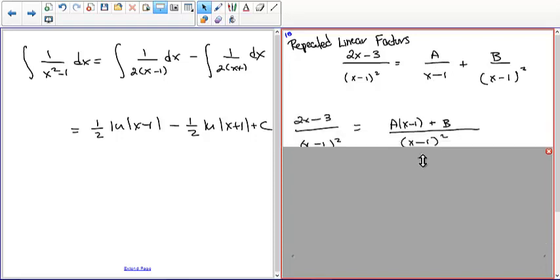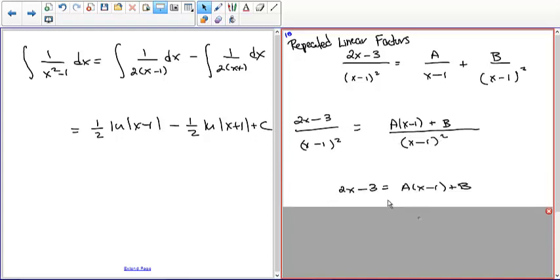So when you do that, you get A times (x minus 1) over (x minus 1) squared, and then you have the second term, which you don't have to do anything to, B over (x minus 1) squared. So now we have the denominators equal to each other, so we set the numerators equal to each other.